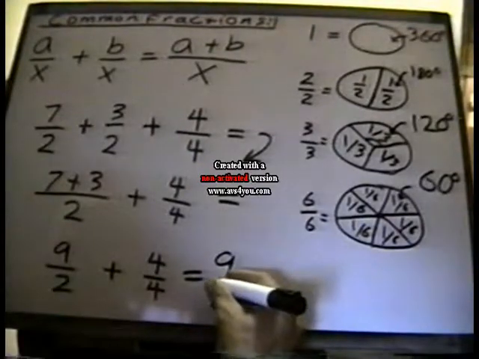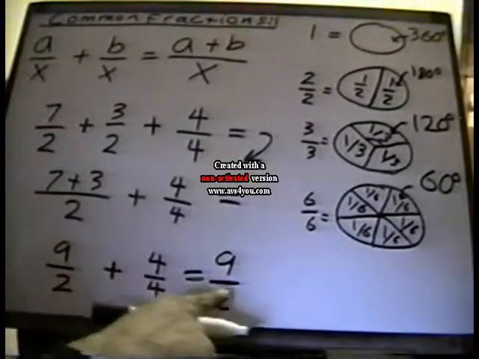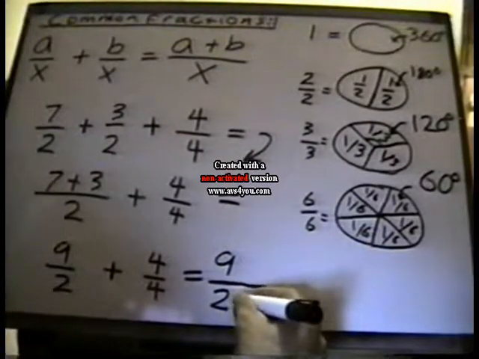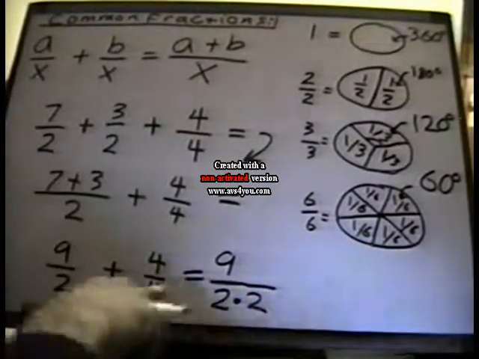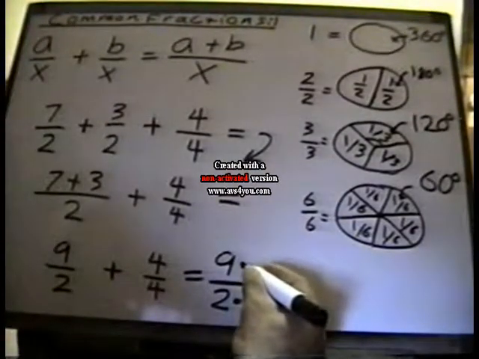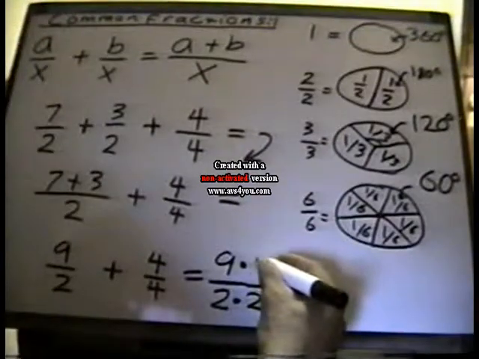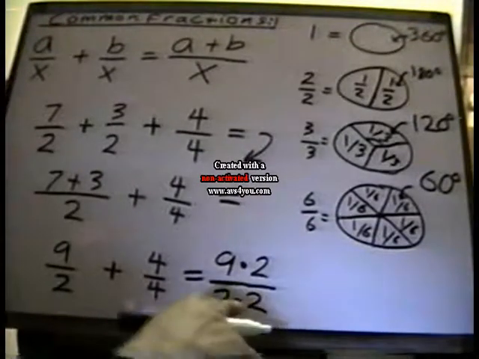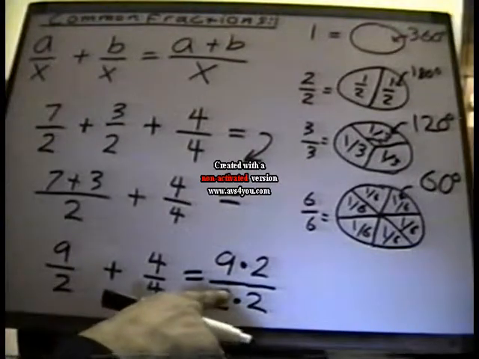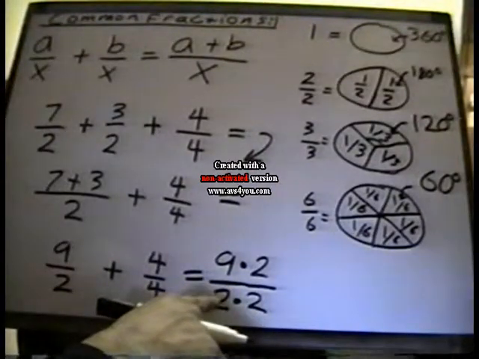So 9 over 2, we want to multiply the denominator by 2, because 2 times 2 equals 4. And then we want to multiply the numerator by whatever number we multiplied our denominator by, in order to keep the proportion of the fraction the same.